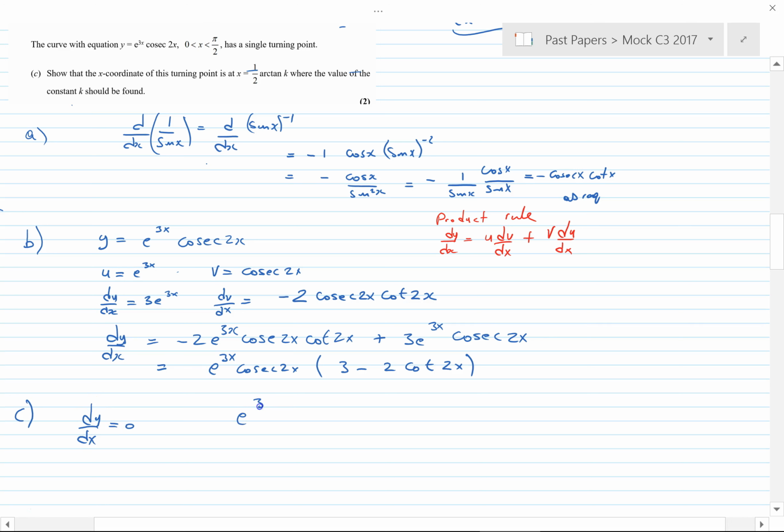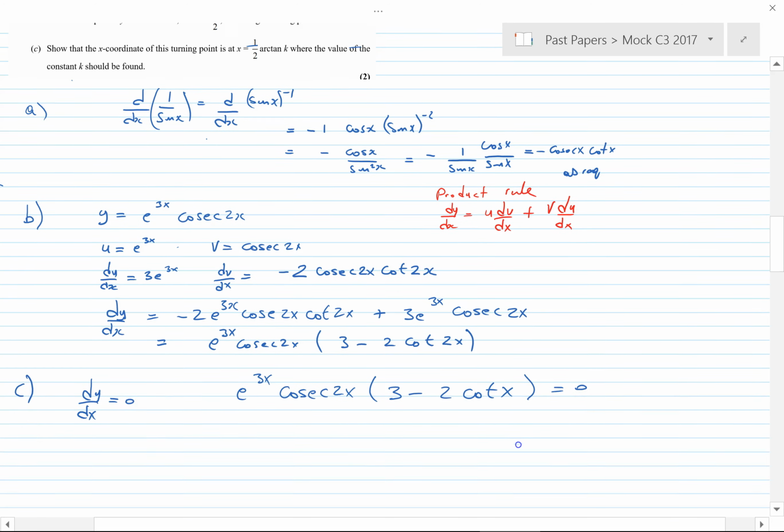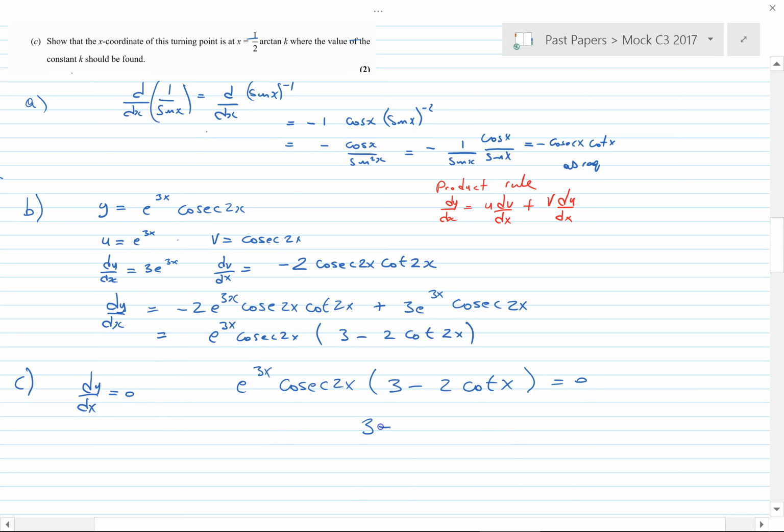So you have e to the 3x cosec 2x times 3 minus 2 cot 2x equals 0. Now this can't be 0. E to the 3x is always greater than 0 and cosec 2x is never equal to 0. So this reduces it to 3 minus 2 cot 2x equals 0.